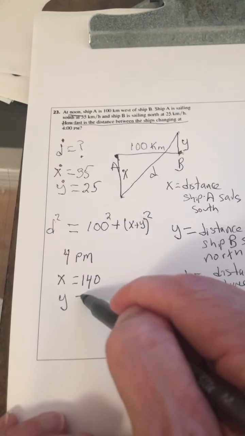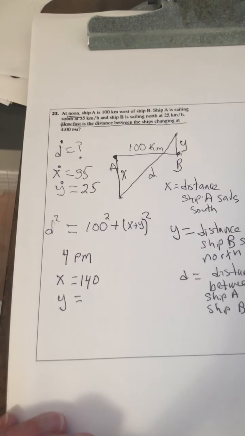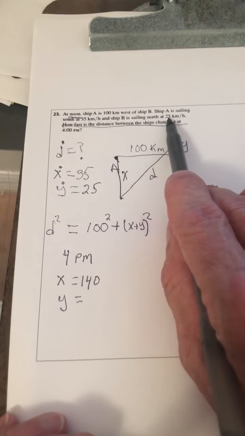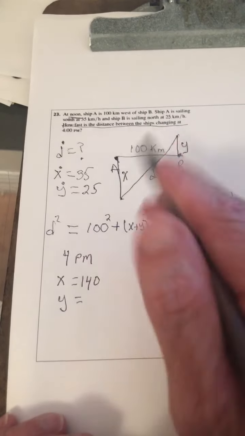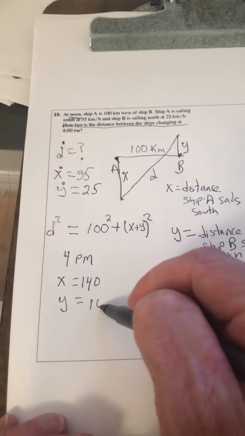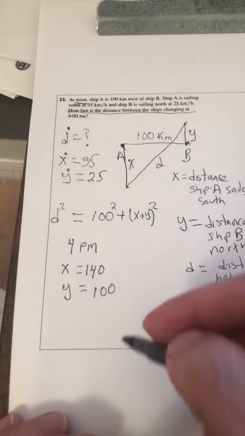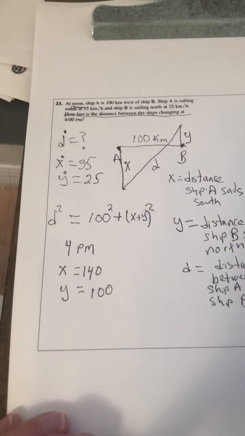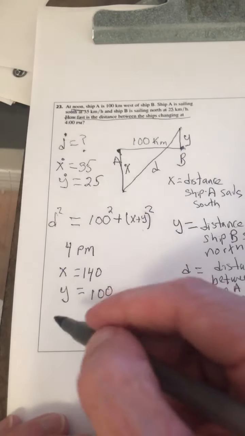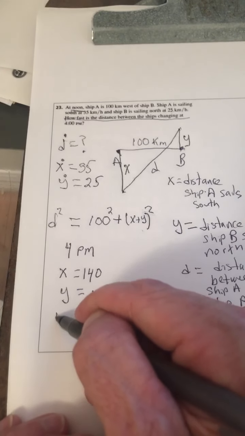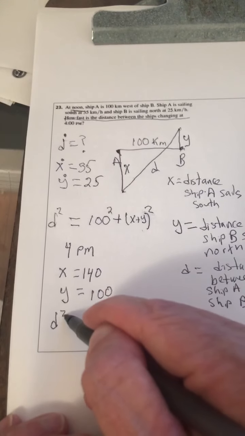And then y is going north at 25 kilometers per hour. Multiply that by 4 because it's 4 hours later. y is 100. So x plus y is 240. I'm going to need d in this situation.